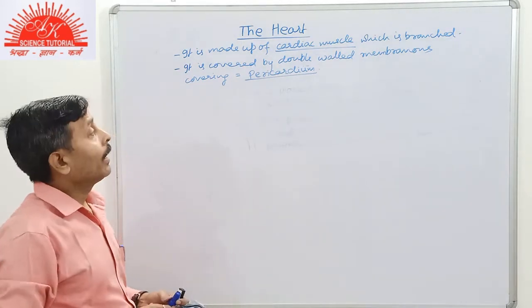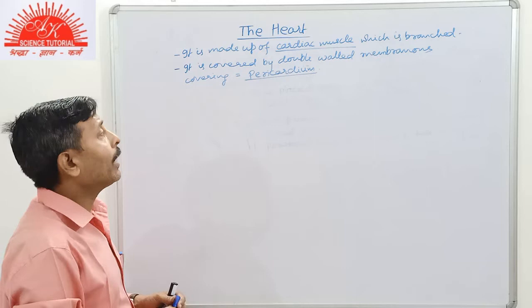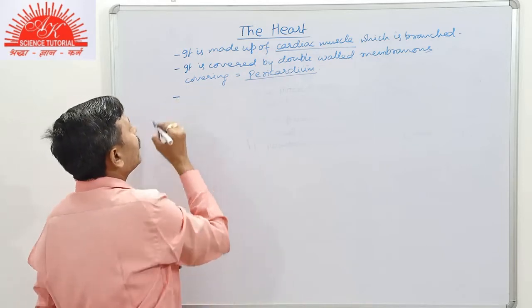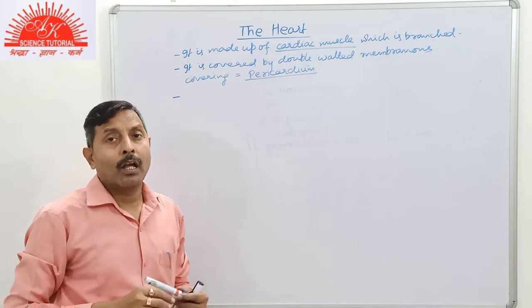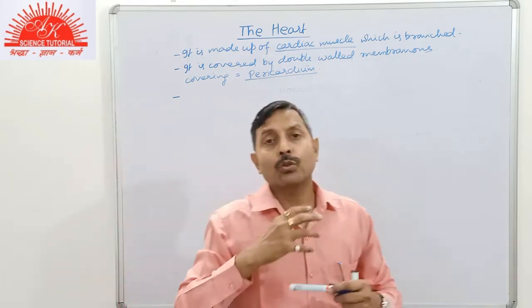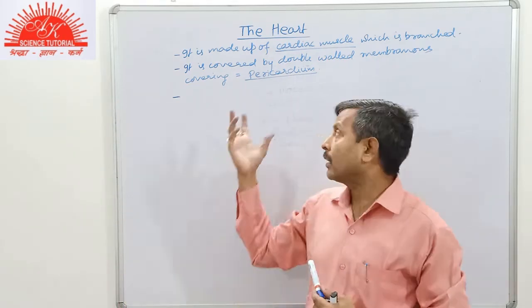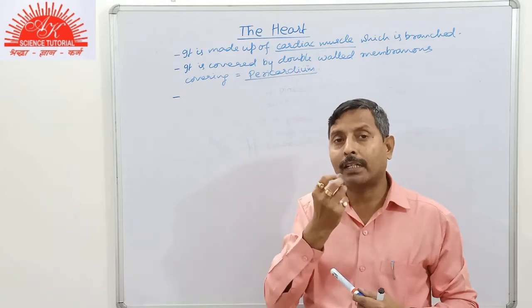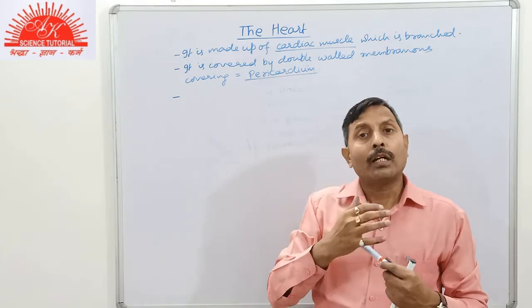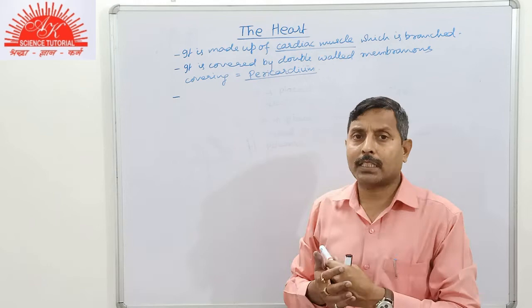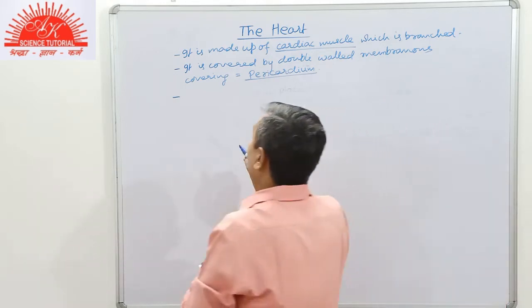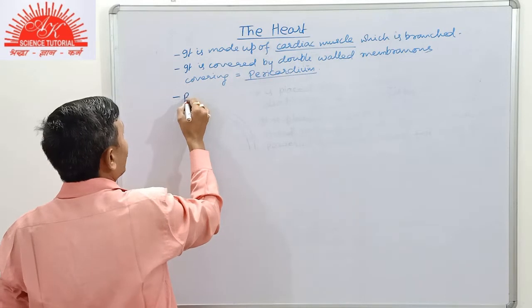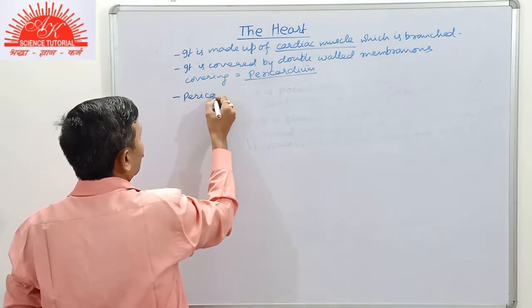In between the pericardium and the heart, a fluid is filled, that is called pericardial fluid. Wherever an organ has to show some movement, like the heart pumping, contracting and relaxing, there is a fluid to provide lubrication and reduce friction, that is pericardial fluid.